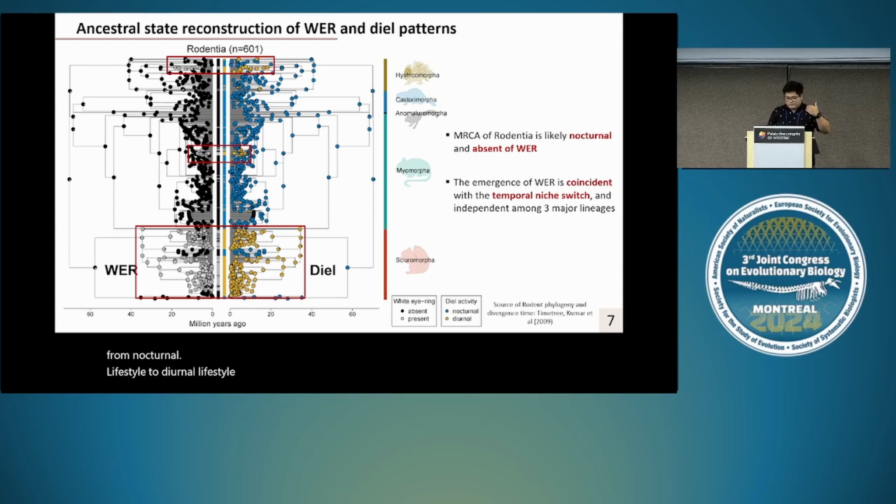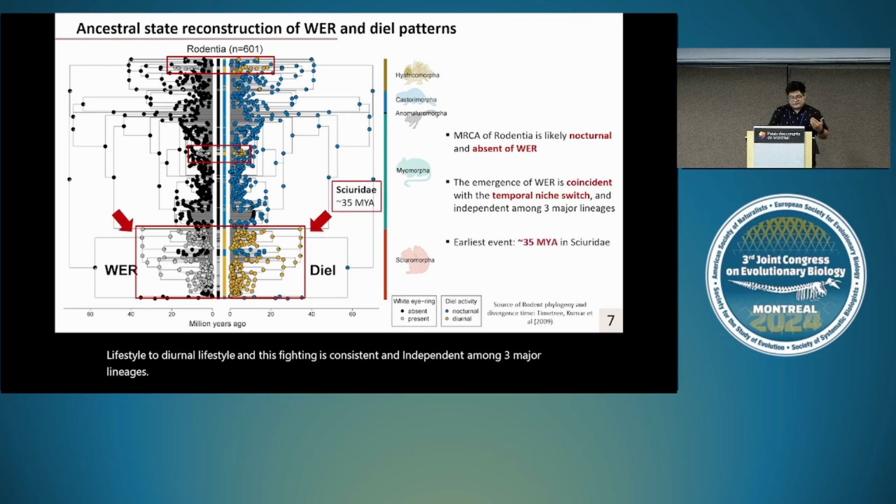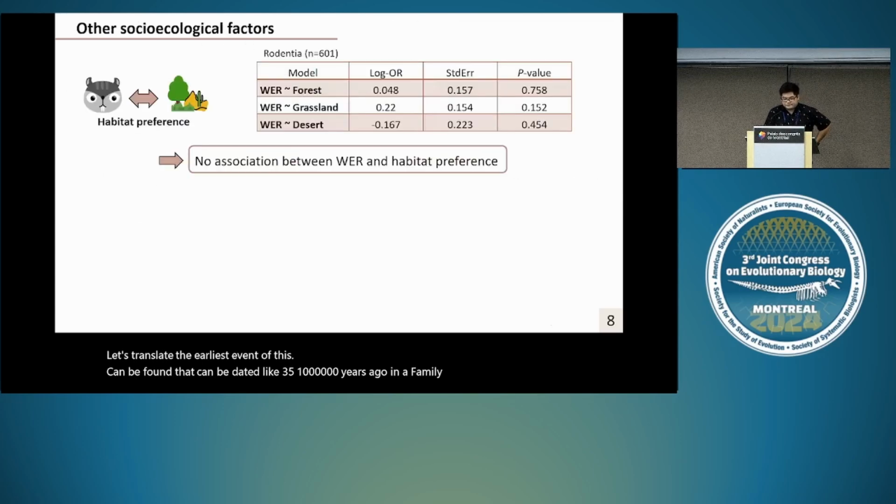This finding is consistent and independent among 3 major lineages. Last but not least, the earliest event can be dated to about 35 million years ago in the Sciuridae family of Sciuromorpha.